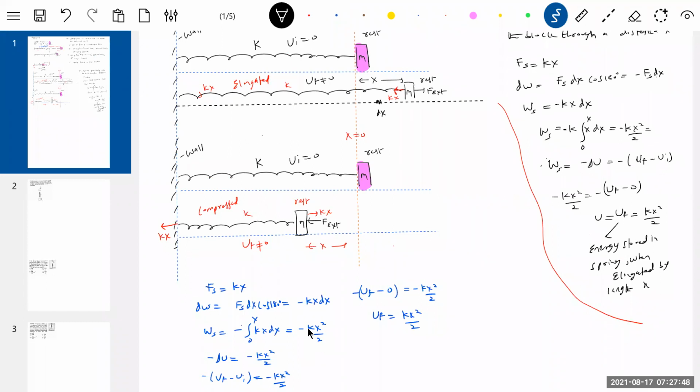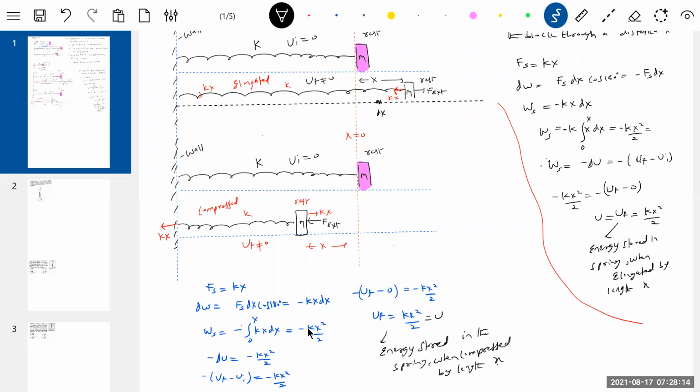What is UF now? This you can also call U. Energy stored in the spring when compressed by length x.